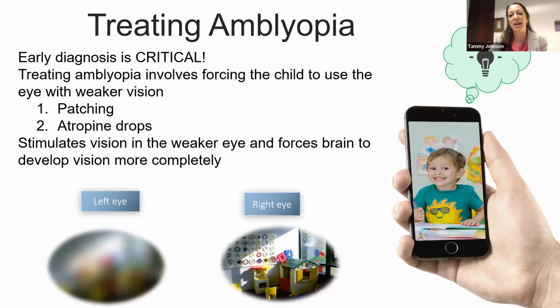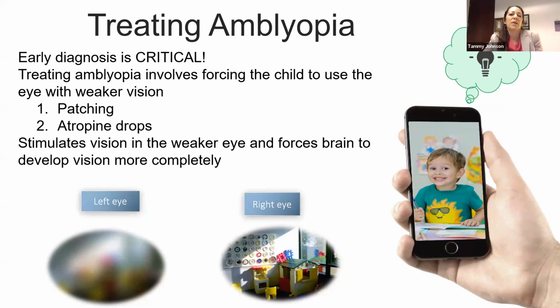Now, if you take that same child at age 5 and you detect them having that same problem, and you treat them, it's going to take 6 months to a year to gain the same level of vision back in that bad eye.